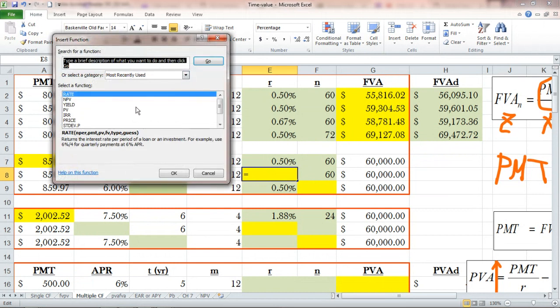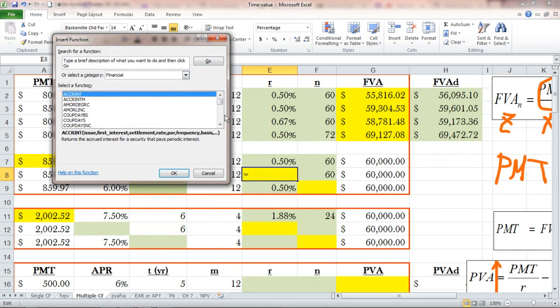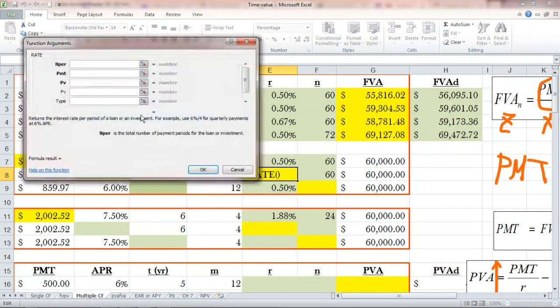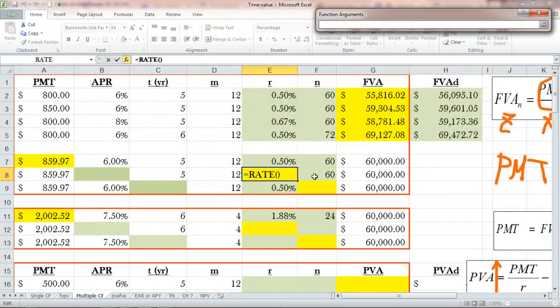the rate function in Excel. I mean, if you have recently used it, it's going to show there. But if not, you got to go into the financial category and scroll down until you find rate. Okay, you find rate, and then give it what it's asking for. It's asking for end period, so you got to give it correctly 60, right? And then it's asking for payment.